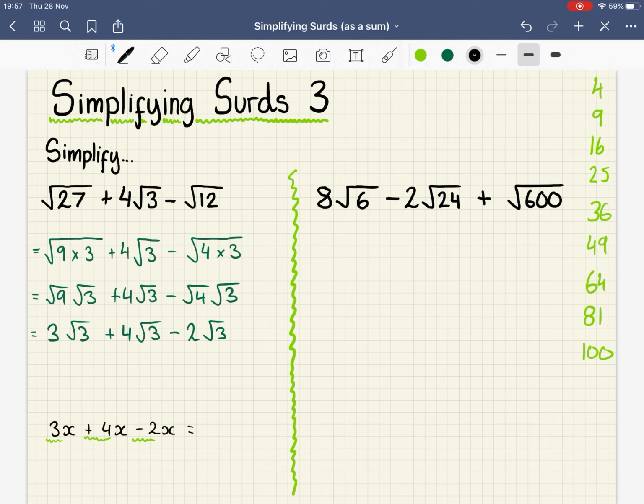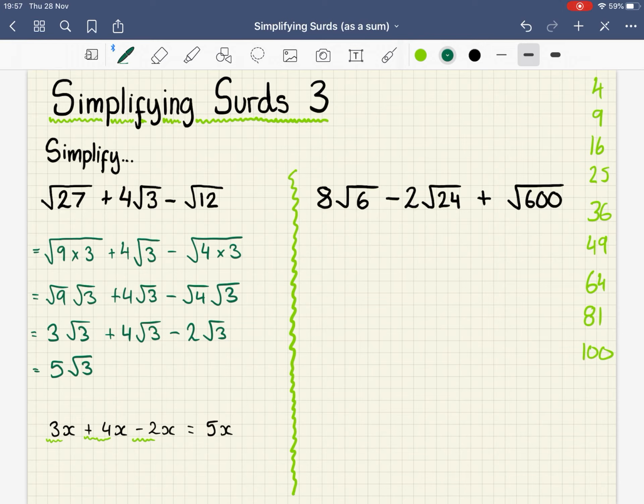So we've got 3 plus 4, which is 7, take away 2, which gives us 5x. It works in a very similar way when we have surds. So again, I look at my numbers. So I've got 3, add 4, take away 2. So that's going to be 5 root 3.